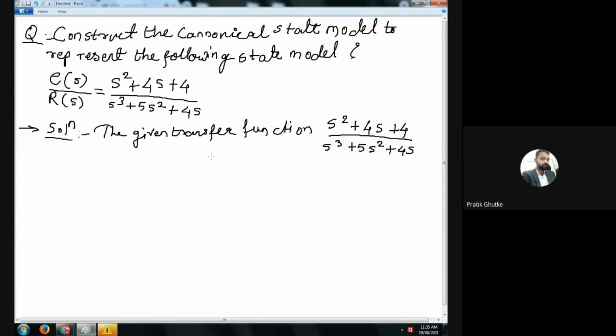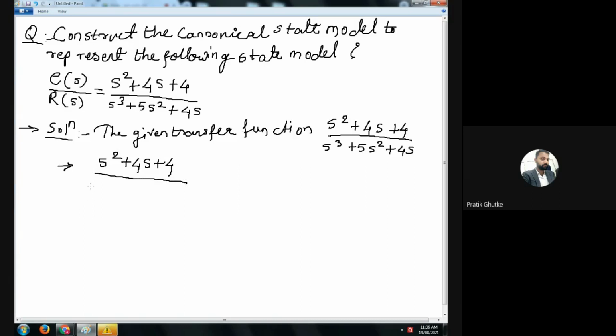I can rewrite this transfer function. In the denominator, I will factorize it. See, I am not changing the meaning. S square plus 4S plus 4 is the numerator part. In the denominator I am factorizing S cube plus 5S square plus 4S. So what are the factors for this?